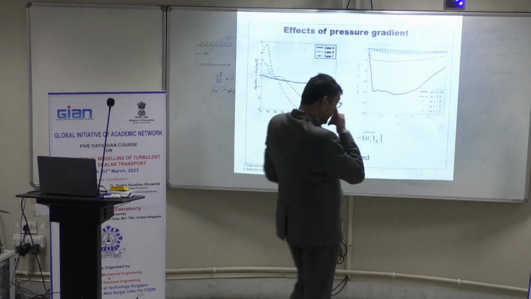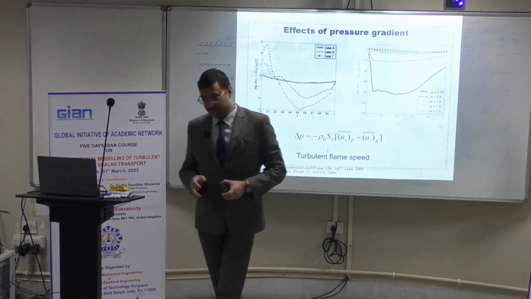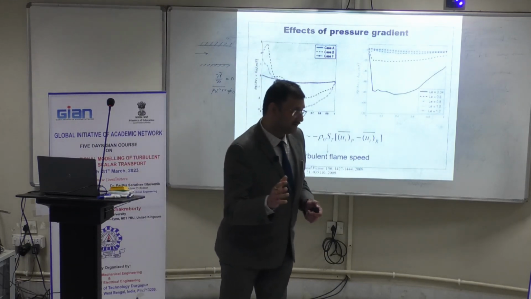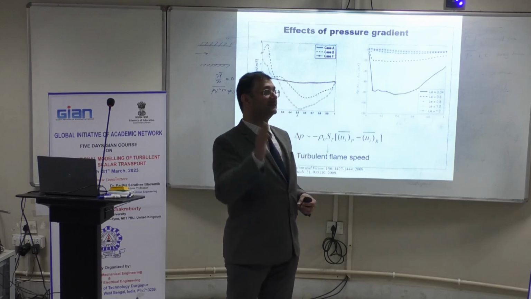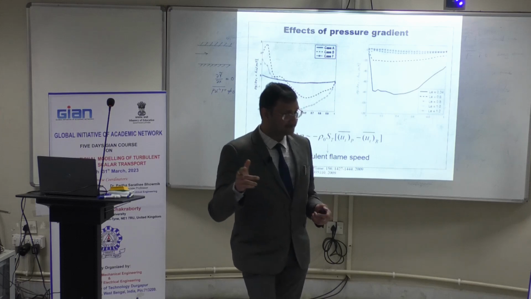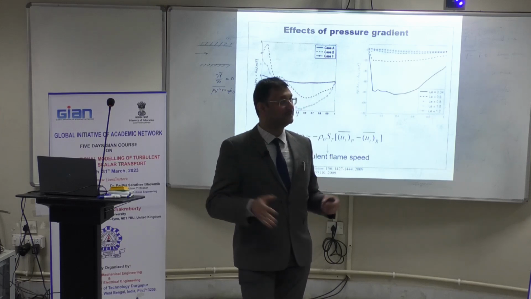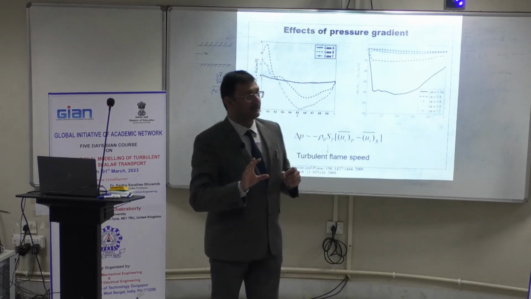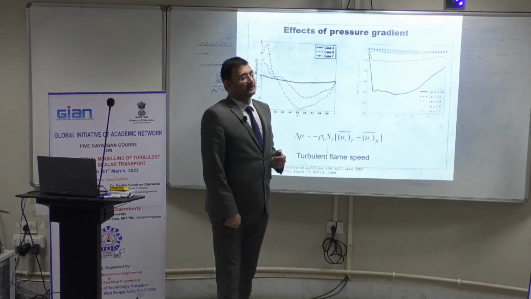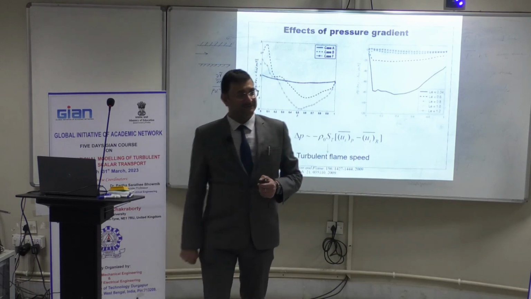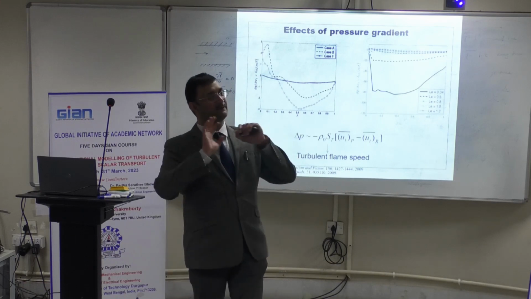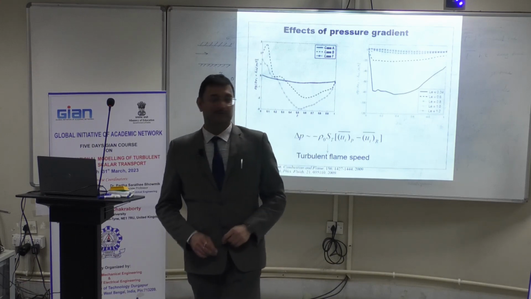So effectively think about it in a simplistic form. Pressure gradient appears in the momentum equation as minus dP/dx, right? So negative pressure gradient means a positive force in the positive x direction. Now think about Newton's second law of motion, F equals ma. You give same force to two different masses.